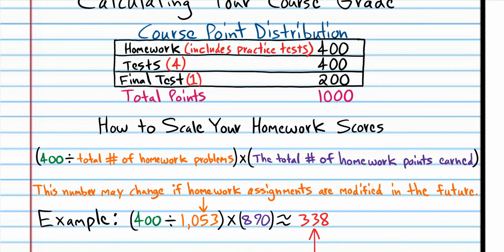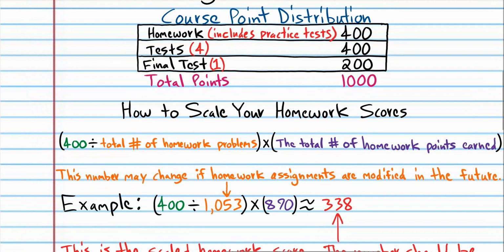But you may notice that there were not exactly 400 homework problems, so you're going to have to modify your homework score. So what you want to do is take the number 400 and divide it by the total number of homework problems that I assigned you.